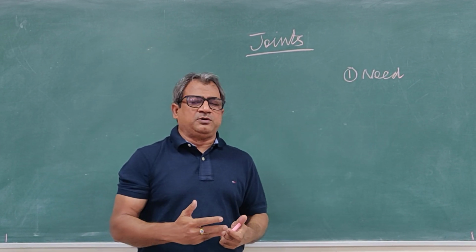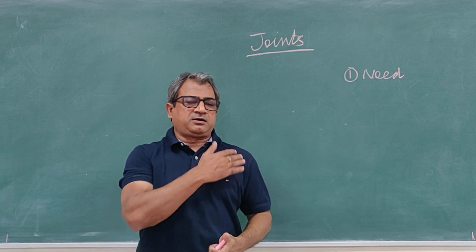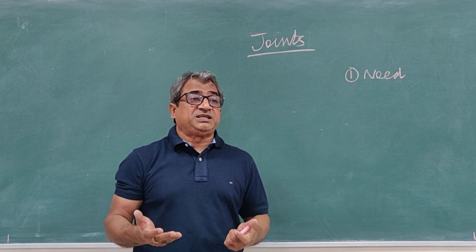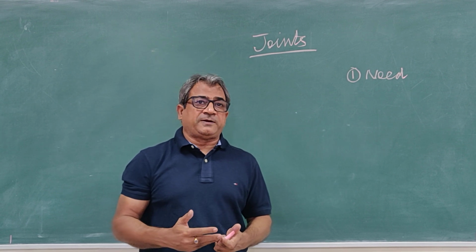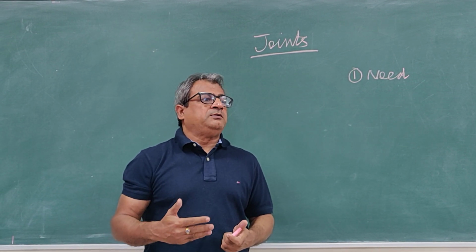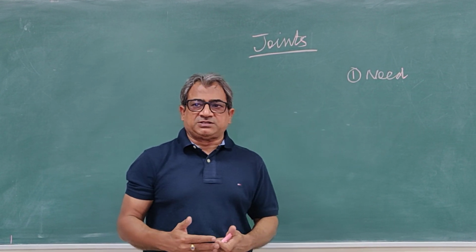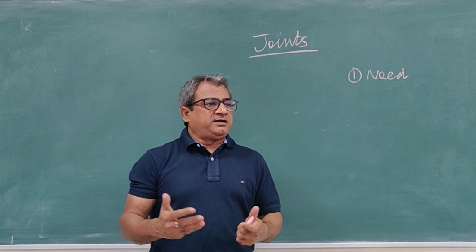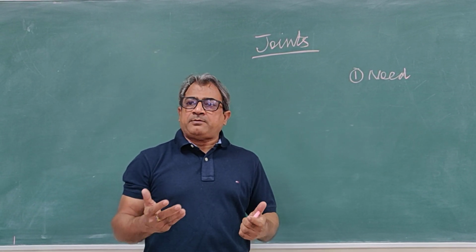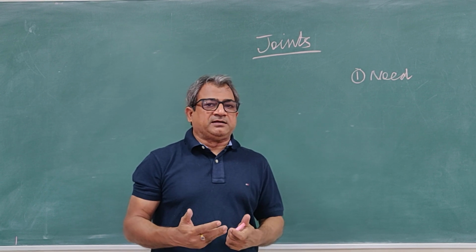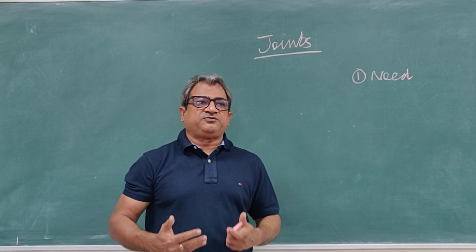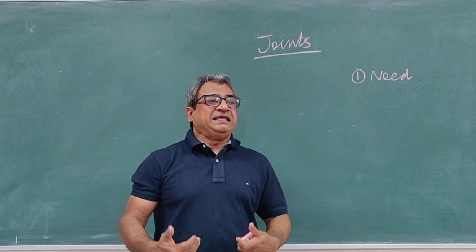Like in arthropods, we have a thick surface, there are plates, made up of chitin, a special kind of chemical substance which provides protection to the internal structures. In human beings, the exoskeleton is not there.